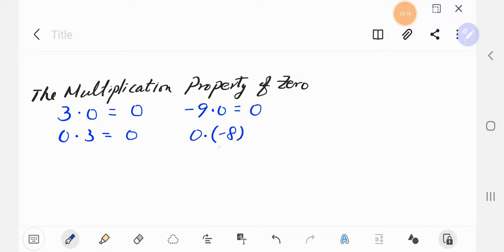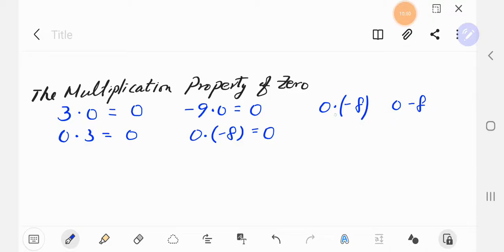Okay, 0 times negative 8. I will put parentheses to protect this negative number. So 0 times negative 8 is still 0, right? Okay, don't write it like 0 times negative 8 without a dot, because that looks like 0 minus 8. If you want to multiply, then put a dot. A dot means multiply, and if the second number is negative, then put parentheses.